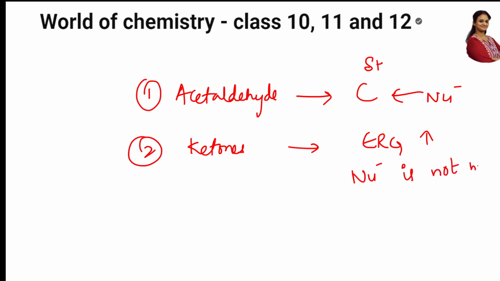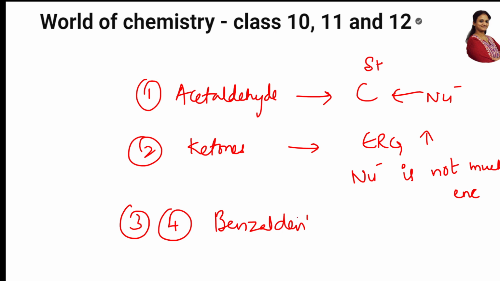Now in the third and fourth case, what happens? In benzaldehyde and acetophenone, what is shown, students? Plus R effect, in both the cases. That's why nucleophilic addition reactions are reduced.